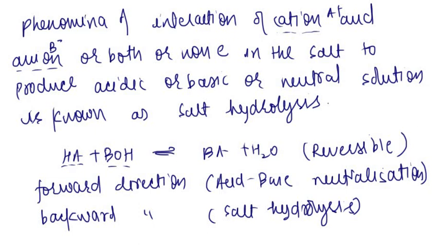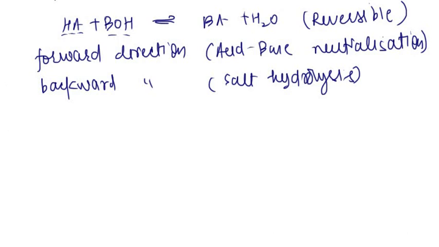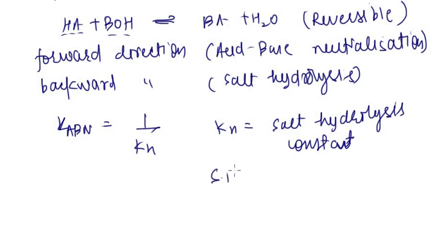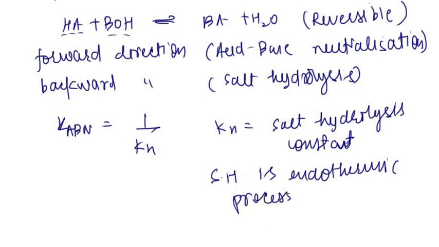So the K of acid base neutralization equals 1 upon KH, where KH stands for the salt hydrolysis constant. And salt hydrolysis is an endothermic process.